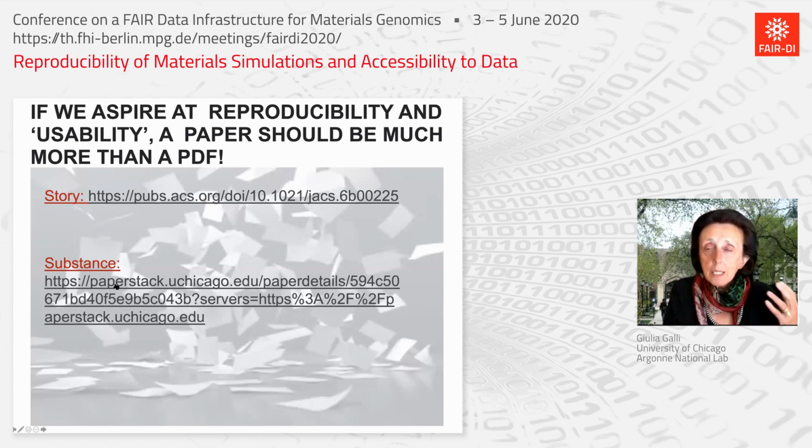Often the substance of that work, meaning the data that you have generated during your research, the data associated to the figures that appear in your work, and the tools that you have used, like the codes and the experimental facility, or the scripts and the workflow of your work, are usually not made available to the public.